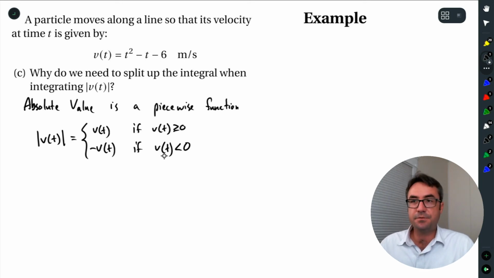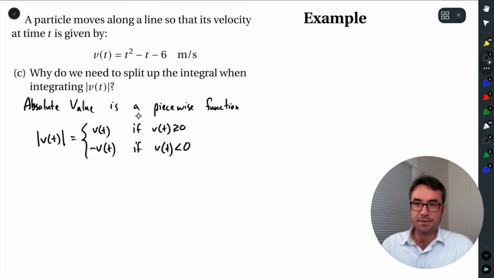So if v of t is negative, then to make it positive, you just multiply by a negative. You do a double negative. So if this velocity is negative, well, that's negative. We have this other negative here. That's two negatives. The result here is going to be positive. So that's what the absolute value function is really doing, kind of behind the scenes.